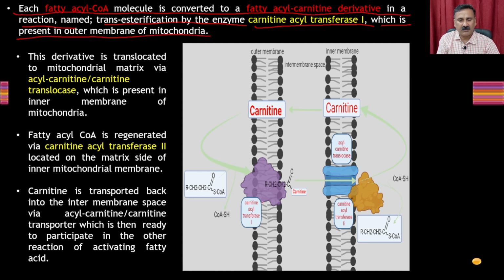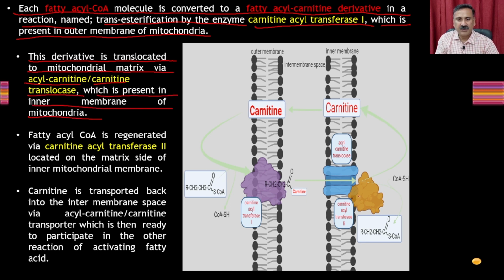So this enzyme takes up the fatty acyl CoA and generates the fatty acyl carnitine derivative. So the carnitine protein is tagged, and then this derivative is translocated to the mitochondrial matrix by the acyl carnitine translocase, which is present in the inner membrane of the mitochondria.